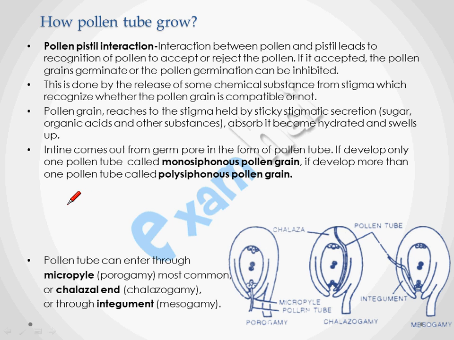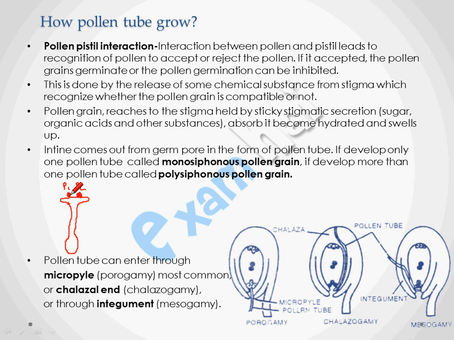an easy diagram. This is the pistil, and this is pollen 1, and this is pollen 2.